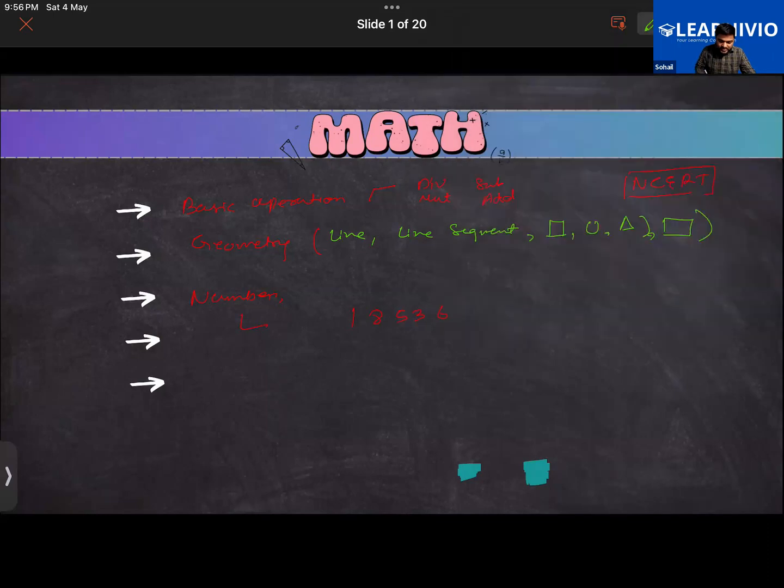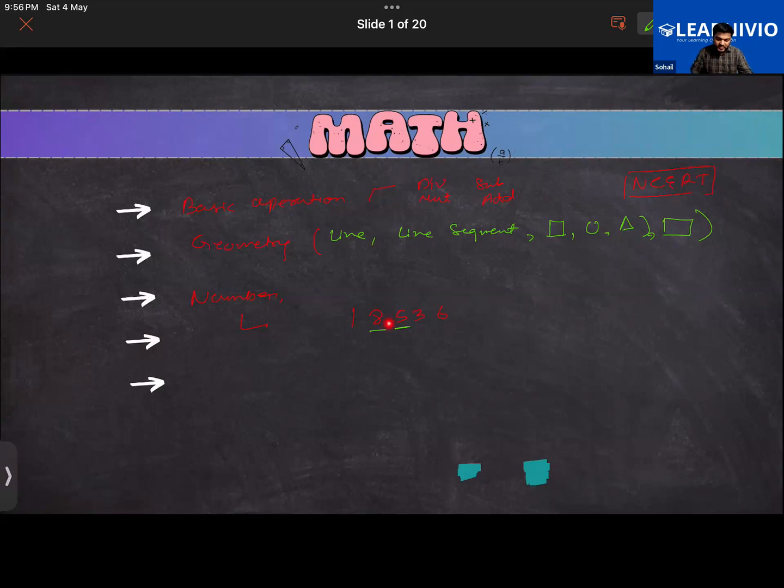If I may ask you, what is the place value of 5? It's 100, right? Or for example, the place value of 8 is 1000, right?